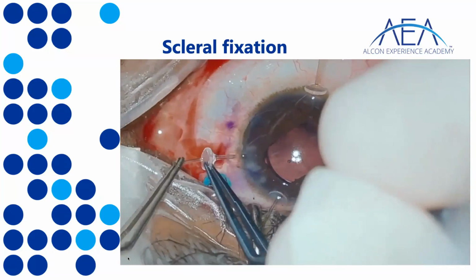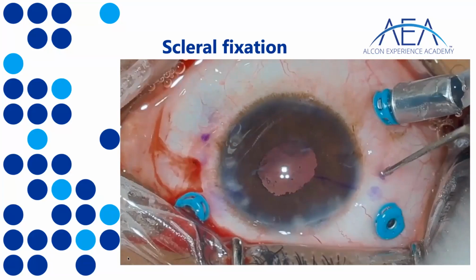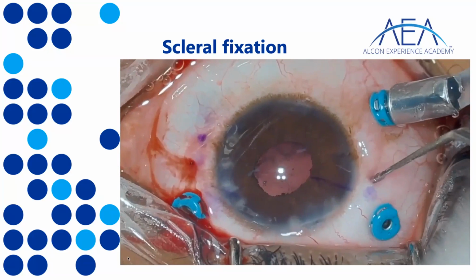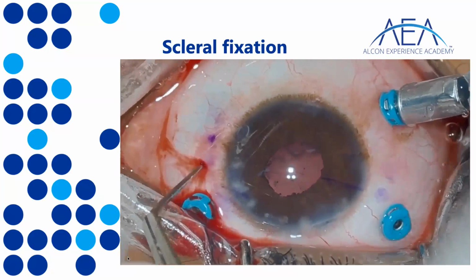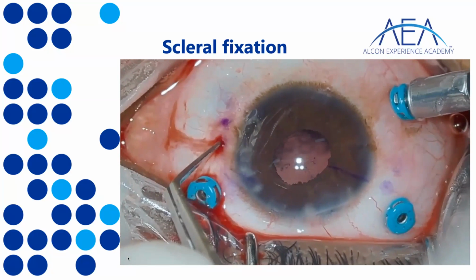In this specific case, they have removed, of course, the hooks. You just put the button back inside under the conjunctiva, and that's it. Perfect. This is called the Yamane technique.